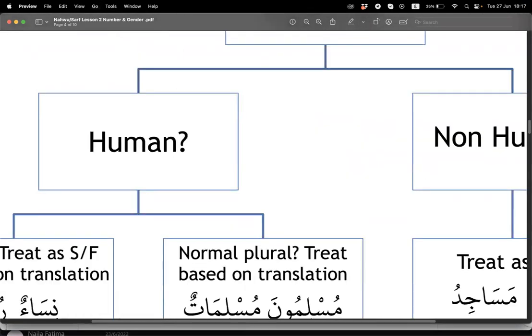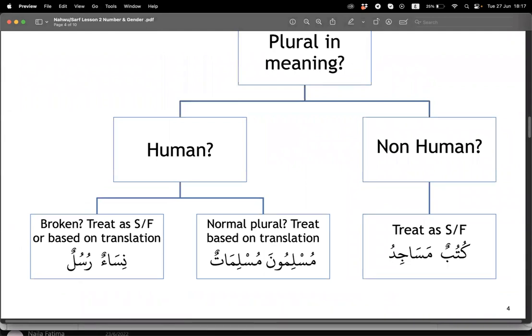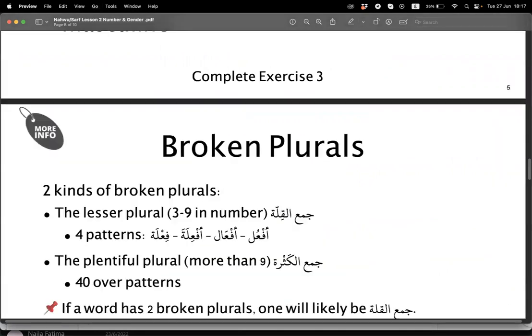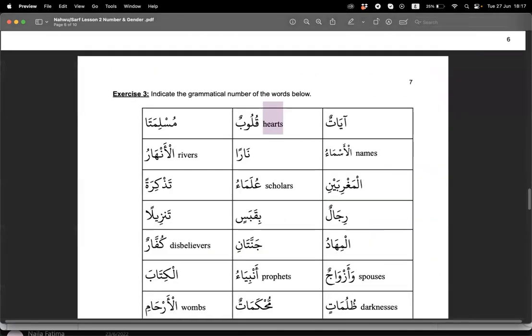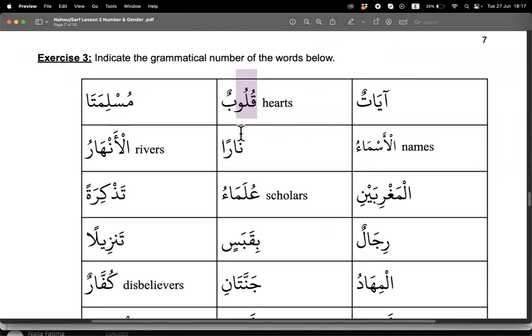Singular feminine. Again, non-human, singular feminine. So this is Rafa, singular feminine, even though you cannot see any feminine thing there.